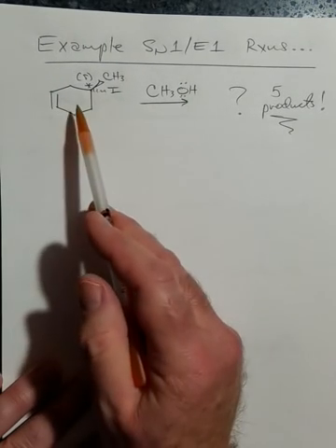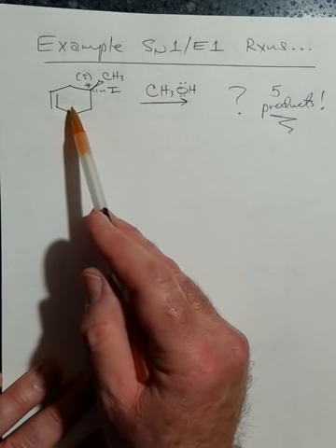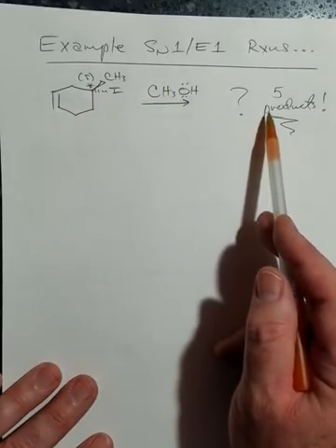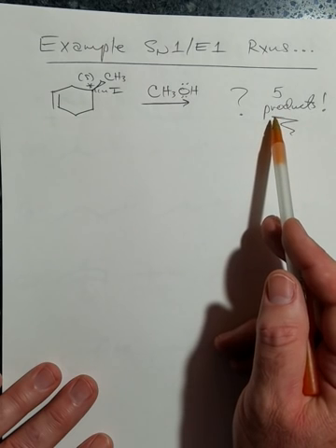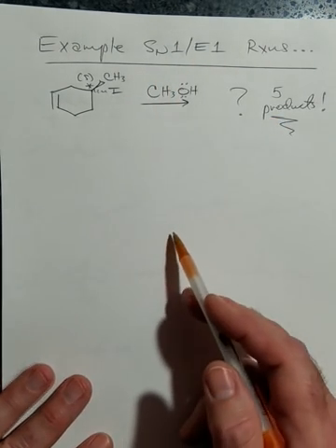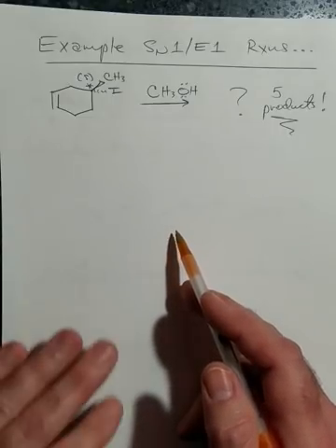Here is a molecule, a ring compound, which we place in methanol, so that's going to be our solvent, and we're going to form 5 products here. It's going to be a combination of SN1 and E1 products. So let's look at this one carefully.